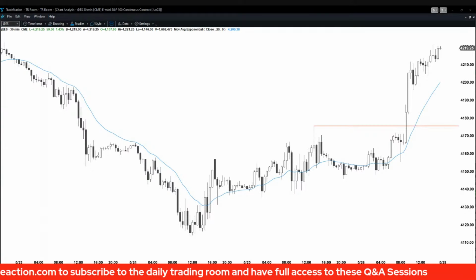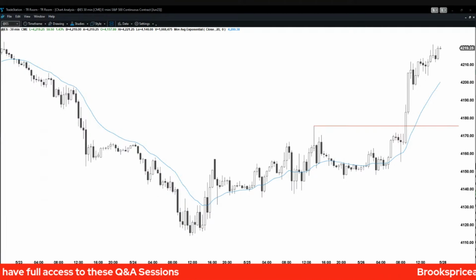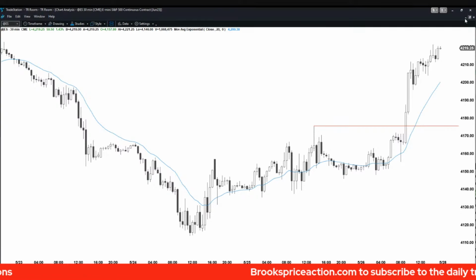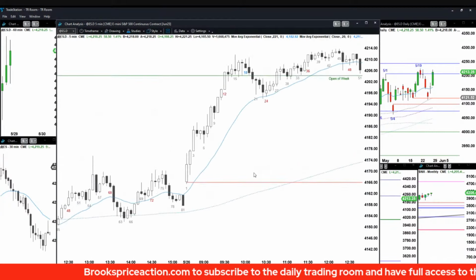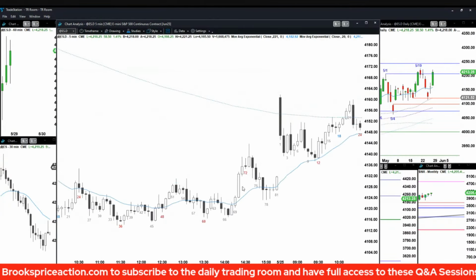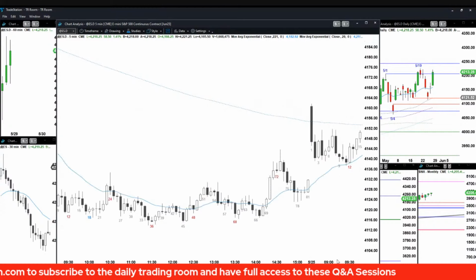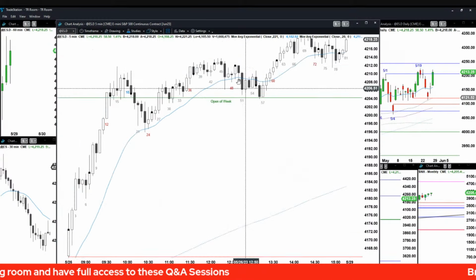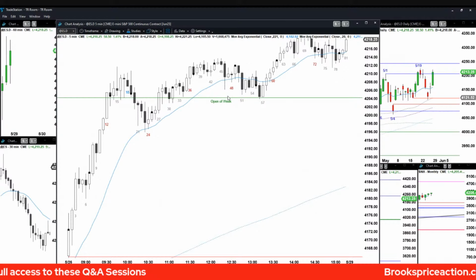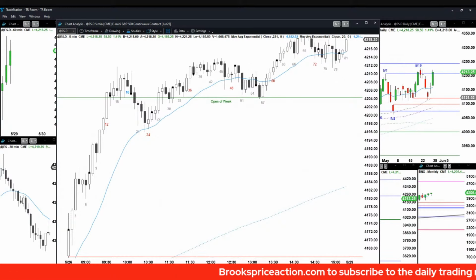So when you see this and then you look to the left and you see it's a possible higher low, you always have to wonder if it is in fact a higher low. We had several examples of that over this week, and we have one on Friday. Let's go to that one because it's the most recent for everybody. We have this big bear bar right here, but it's testing the open of the week and it's a third leg down, 1, 2, 3, and it reversed up.